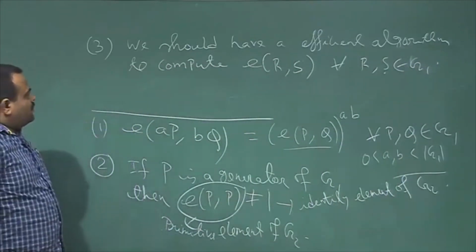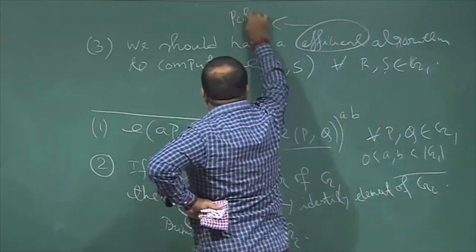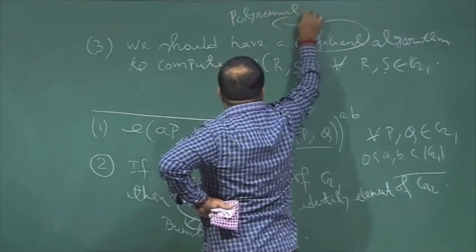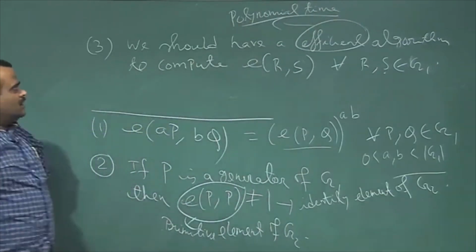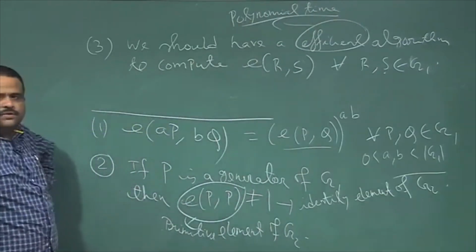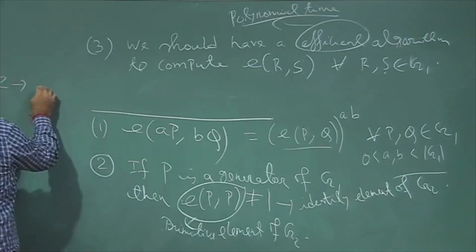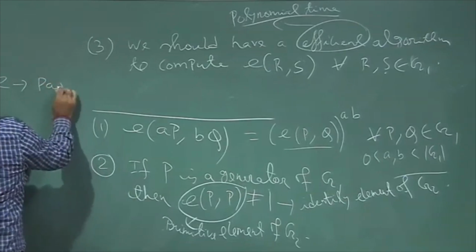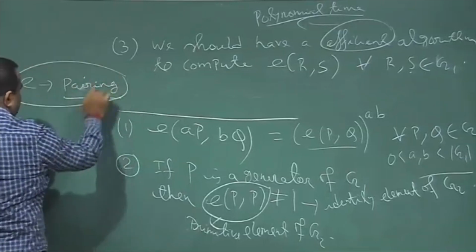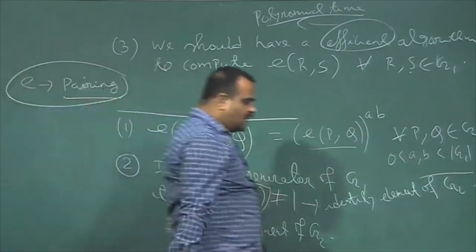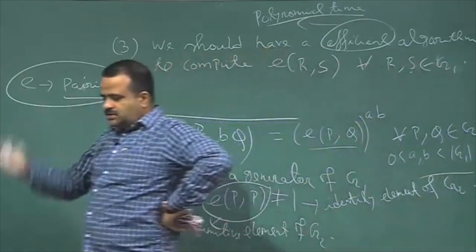Efficient means there should be a polynomial time algorithm to compute this pairing. If these three properties hold, E is called a bilinear pairing, or just a pairing. Okay, so this is the definition of pairing.